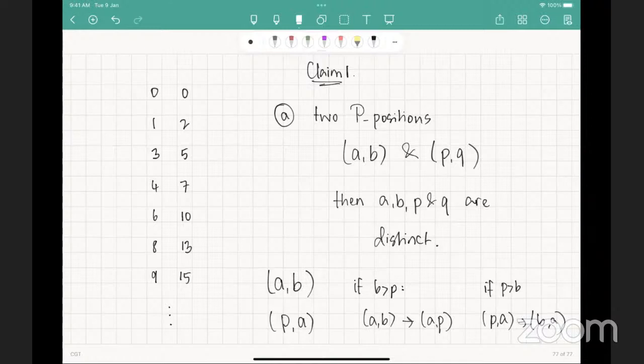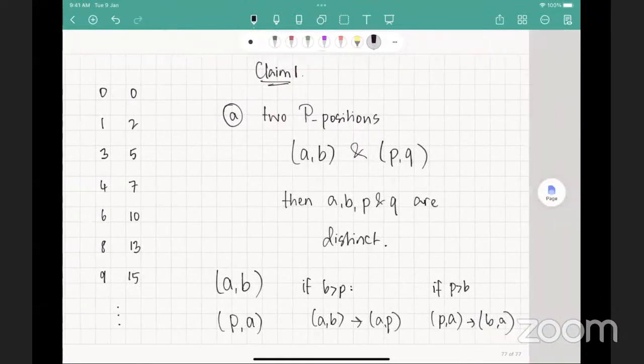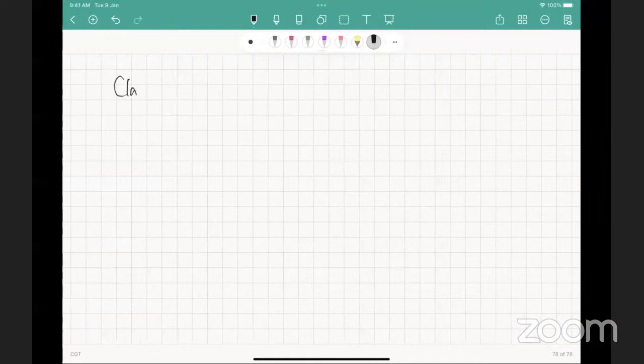And the second property I want to talk about when it comes to these positions is that if you look at two different pairs that have P positions, and you look at their differences.